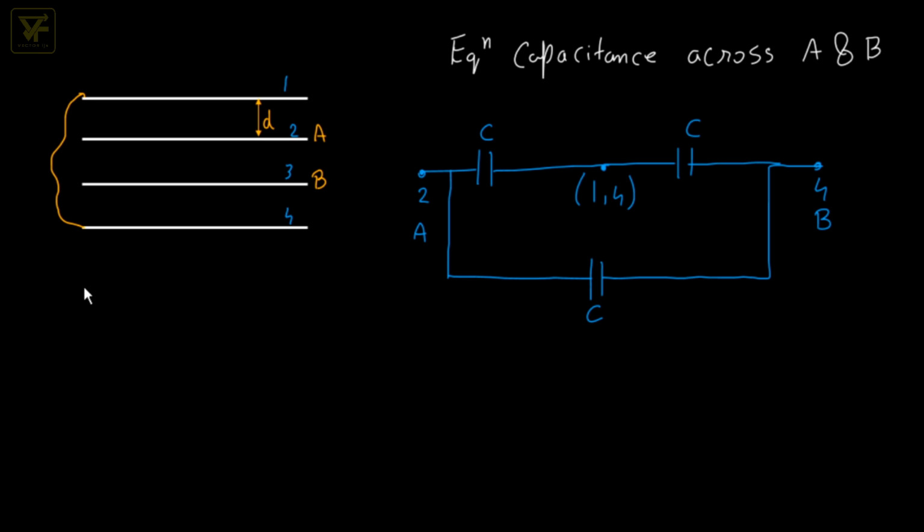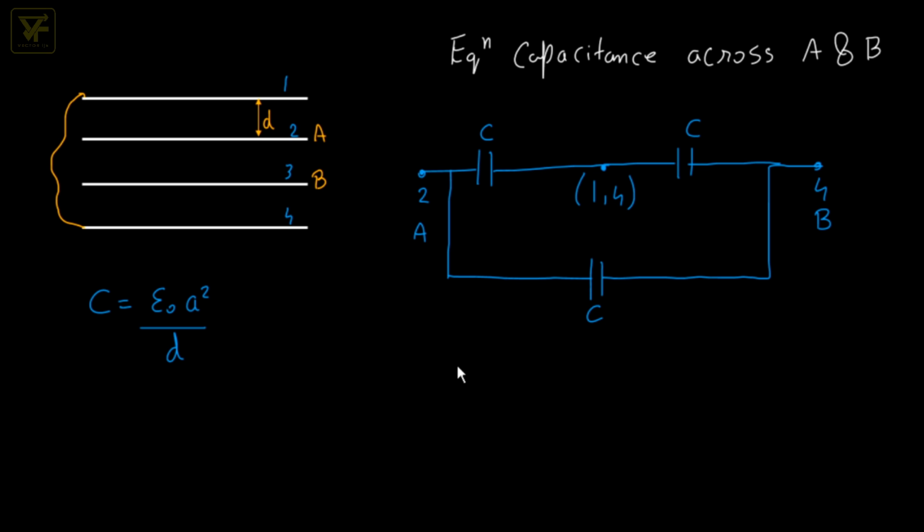And by the way, what is C? C is epsilon naught A, or let me say the area A square, by D, where A square is the area of the plate. So here now you can find the equivalent capacitance across A and B. C and C in series will become C by 2. C by 2 and C in parallel, so C by 2 and C will become 3C by 2.